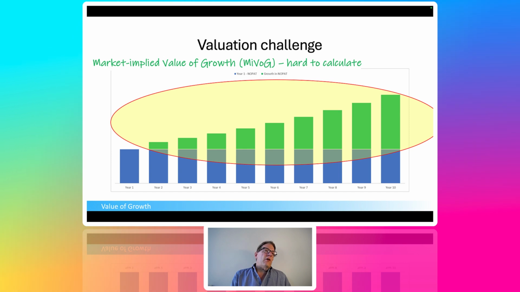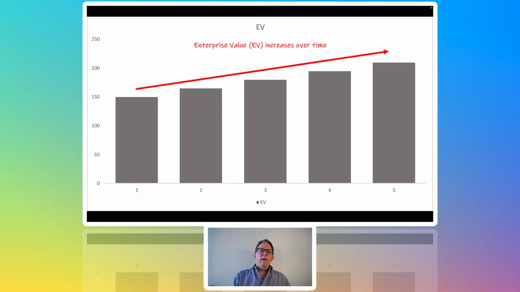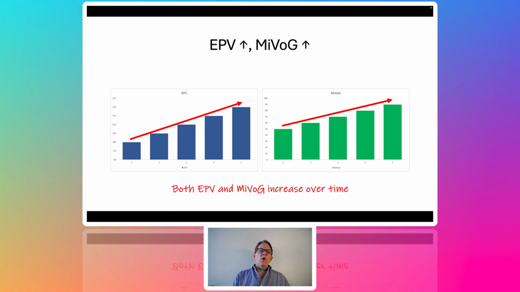And this is hard to calculate. But I want to show you the implications for people that invest using PEs as their primary valuation metric. All right, so that's the challenge we're looking for, right? Enterprise value increases over time. That's what we're looking for. How has that happened? And so we can now go back to our four cases. So there are four cases, right?